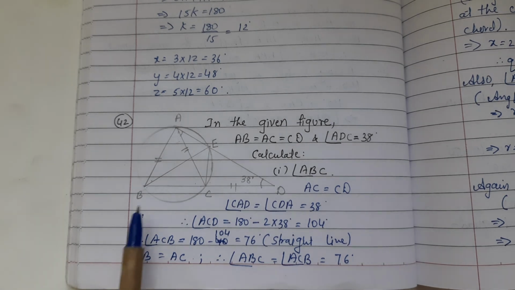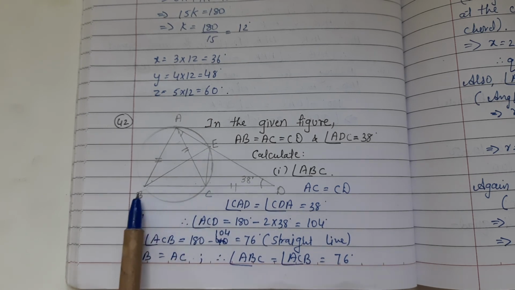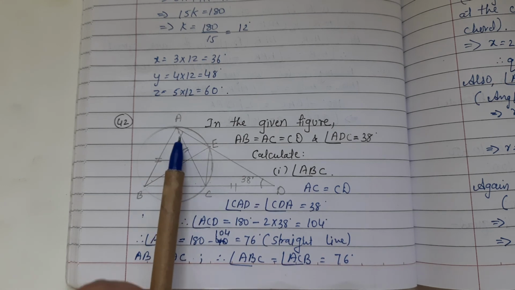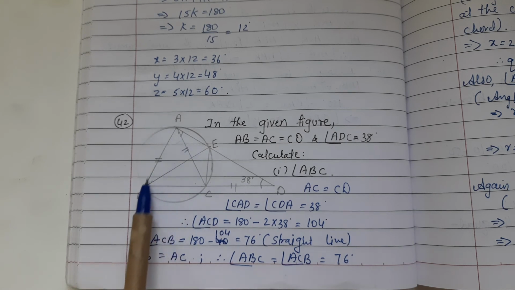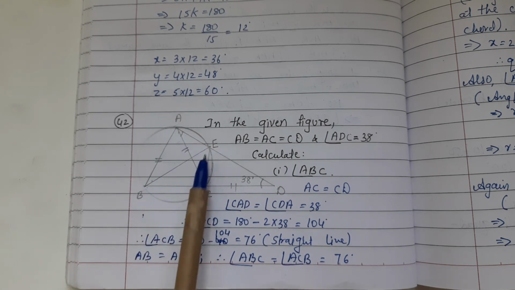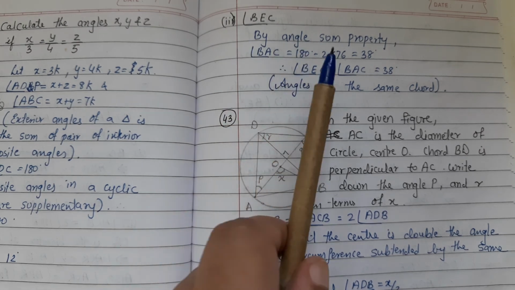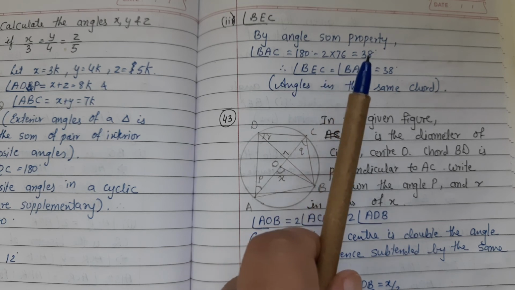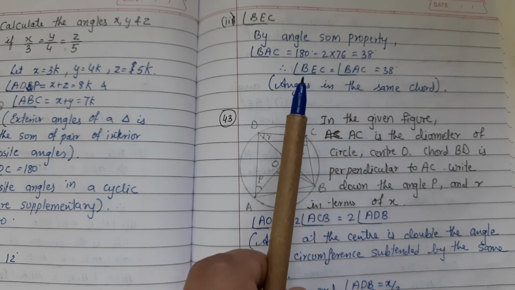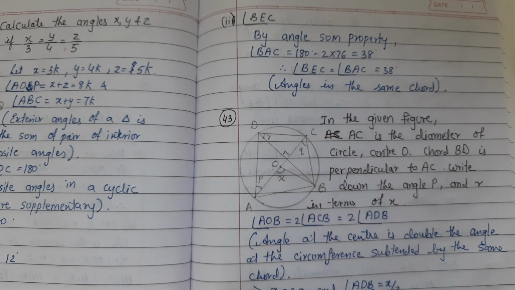Second part, we have to find angle BEC. By angle sum property, angle BAC is equal to 180 minus 2 into 76, equal to 38 degrees. The angle BEC is equal to angle BAC, equal to 38 degrees, angles in the same chord.